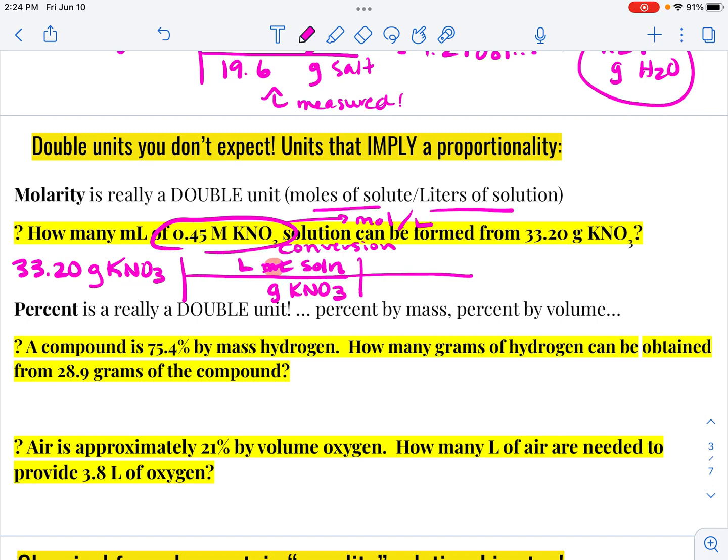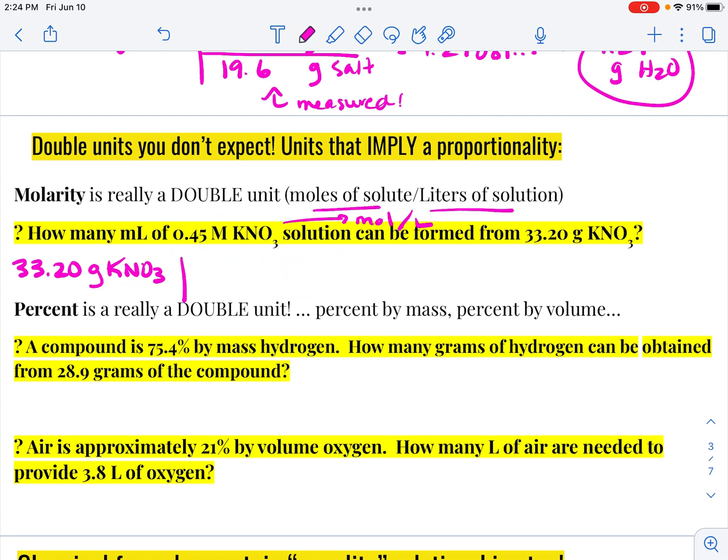Okay, so I kind of need to start all over here and walk you through the whole process because I can't do what I wanted to do. So I'm going to come back in and say I need to get to moles so that I can use my molarity. So grams of KNO3 to moles of KNO3. And this is going to come from the periodic table. 1 mole is 101.11 grams.